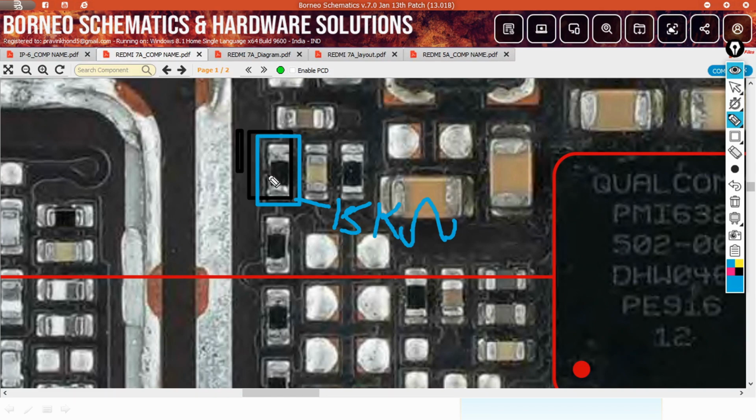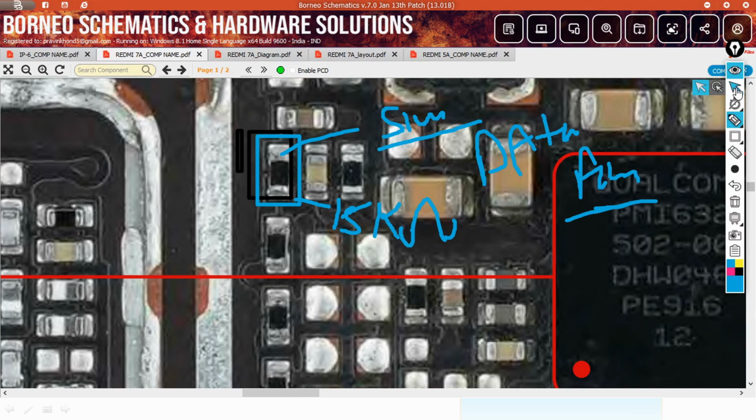If this resistance is damaged, suppose this resistance is connecting to the SIM1, then your SIM1 does not work because your data line requirement does not fulfill. Clear? Get it? I hope you understood all of it clearly.